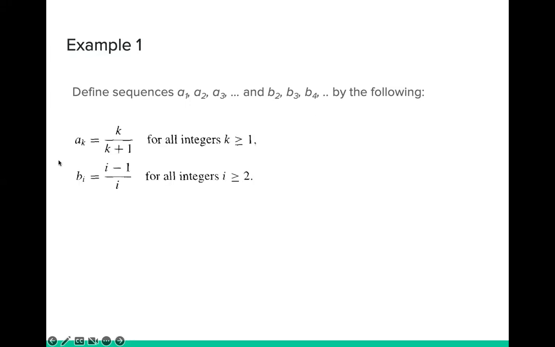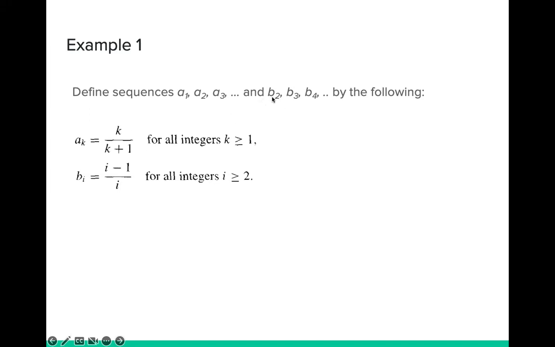And we have this explicit formula, a sub k equals k divided by k plus 1 for all integers k that are greater than or equal to 1. Okay, so these terms a sub 1, a sub 2, a sub 3, and so on may be computed from this explicit formula.